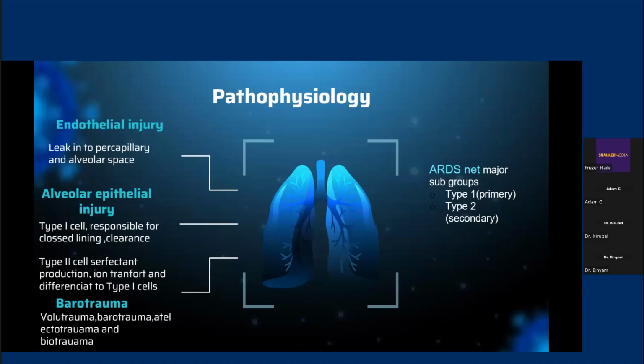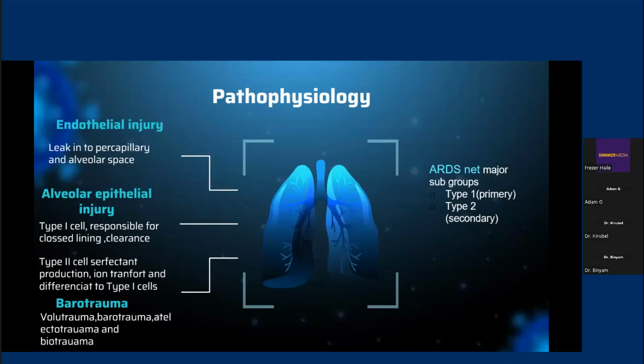It might be aspiration, pneumonia, or other issues primarily in the lung. And type 2 are those with systemic causes such as sepsis, pancreatitis, burns, and such. This definition has its own important clinical importance, which we will come to when we talk about fluid management. We will discuss this again.